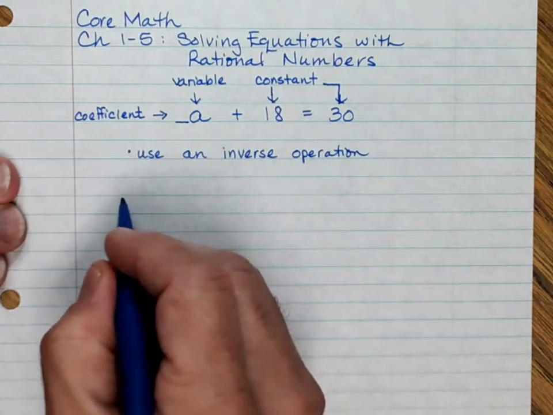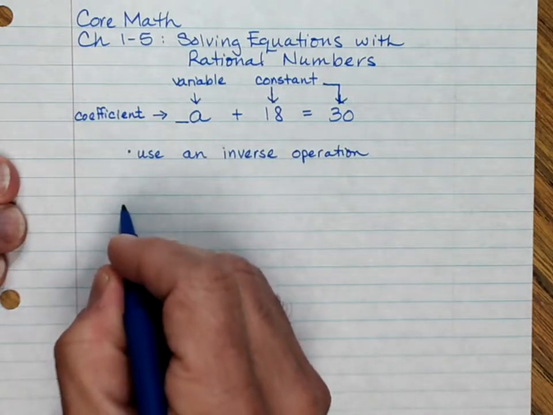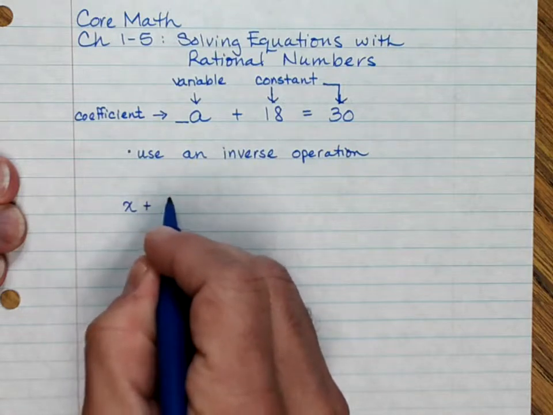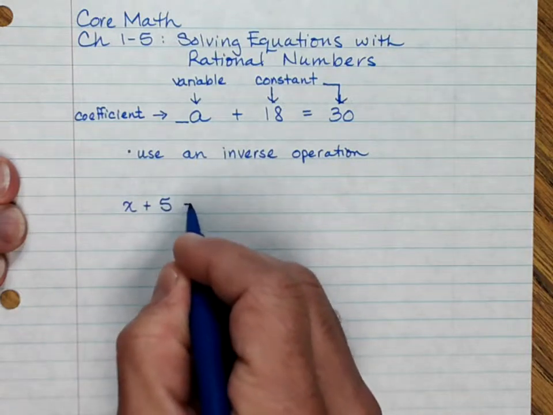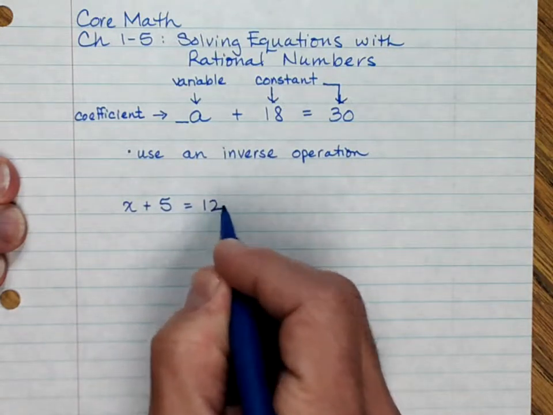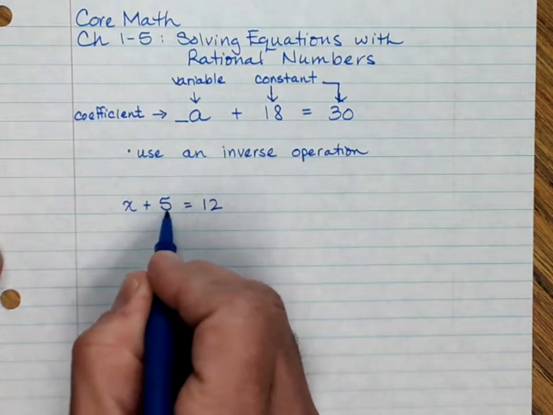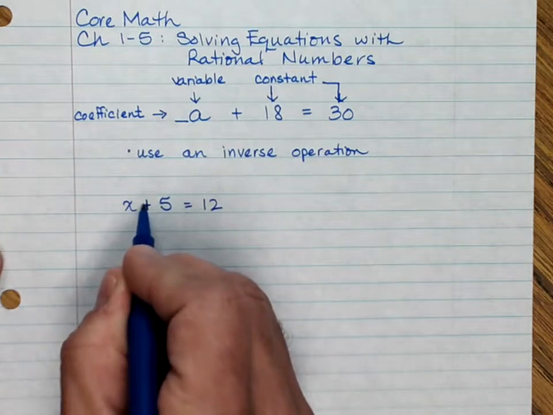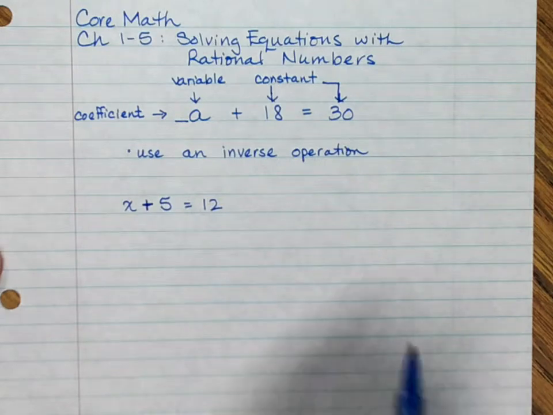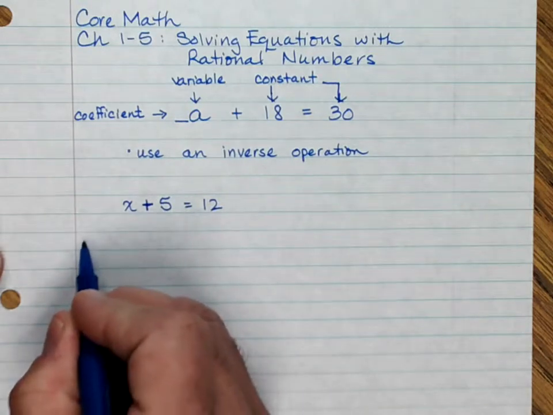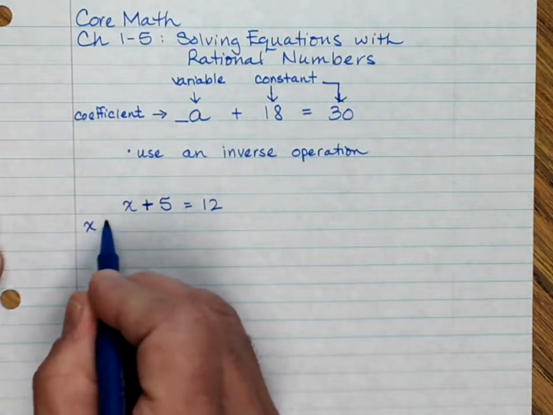So quickly, not too quickly, we have x plus 5 is equal to 12. So the constant here is 5, focusing on the fact that I just said 5, so it's a positive. So the inverse of that is going to be a negative 5.